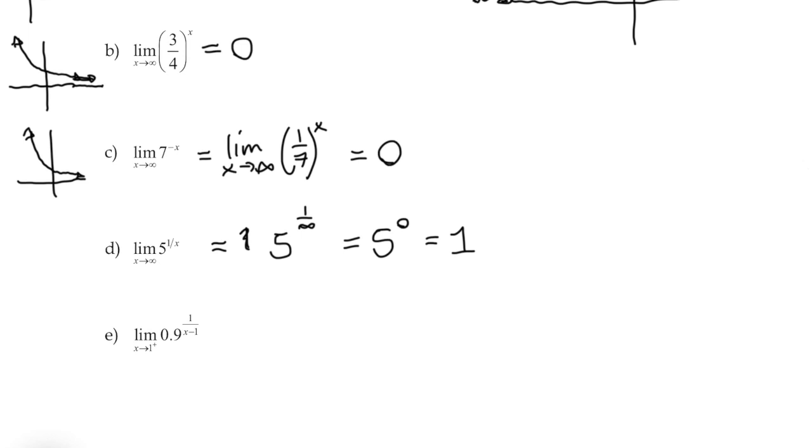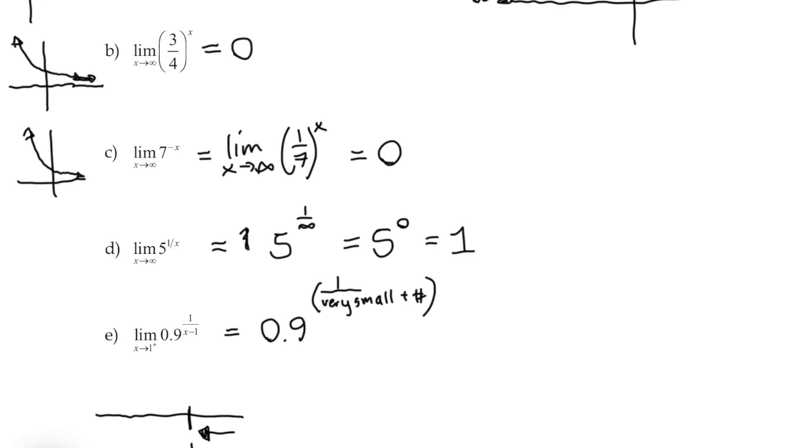Now this one, the limit as x approaches 1 from the right of 0.9 to the power 1 over x minus 1. If I'm approaching 1 from the right, then I'm a little bit above 1, so x minus 1 is going to be positive. So this will be 0.9 to the power of 1 over a very small positive number.